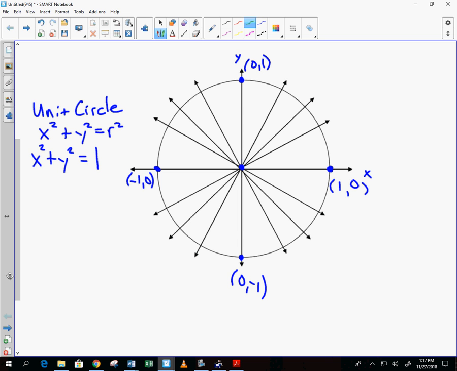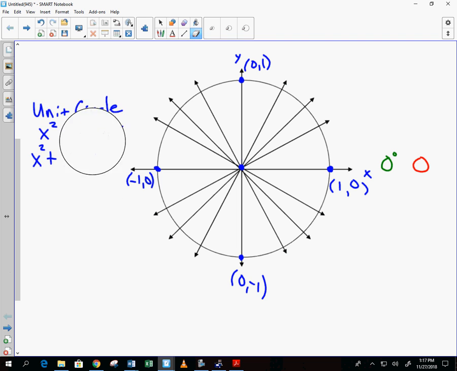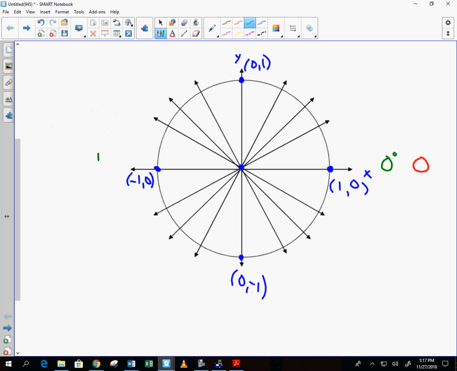This is 0 degrees, and that's the same as 0 radians. Yesterday, we learned about degrees and radians. Who remembers how many radians there are in 180 degrees?